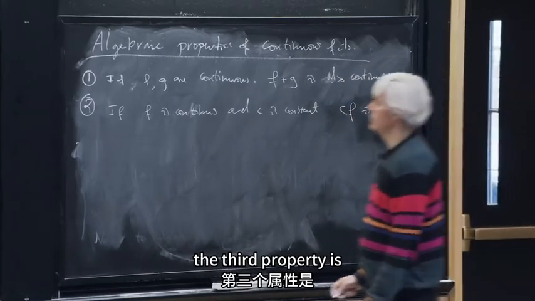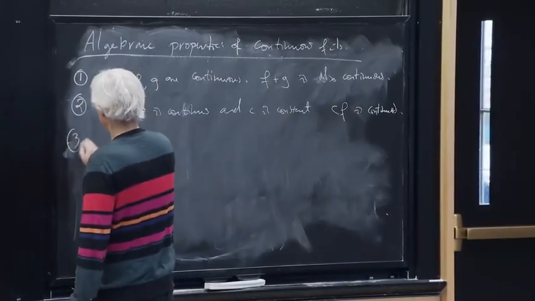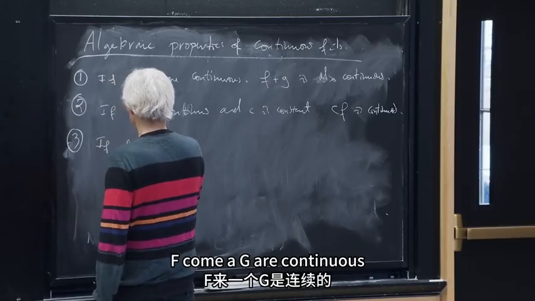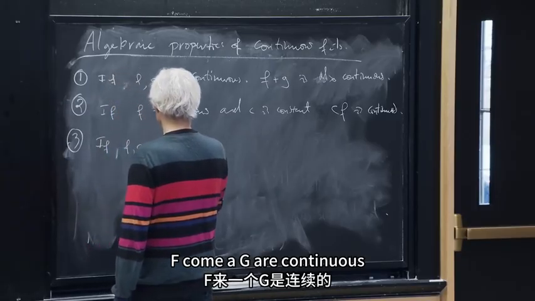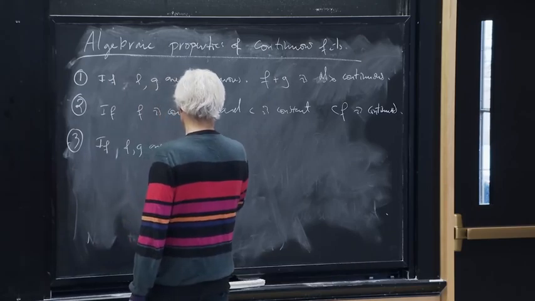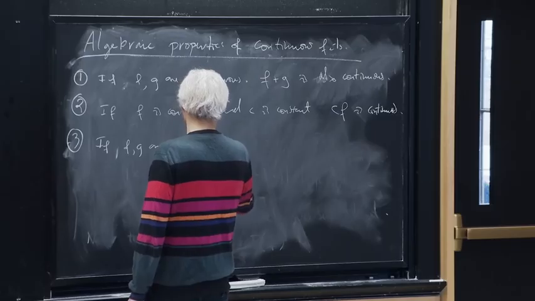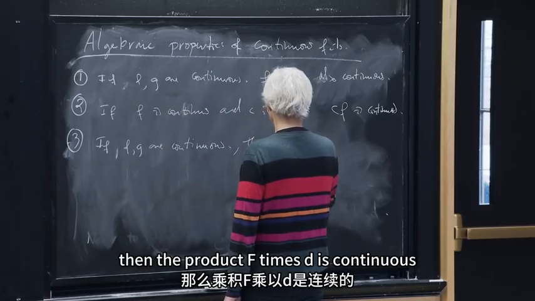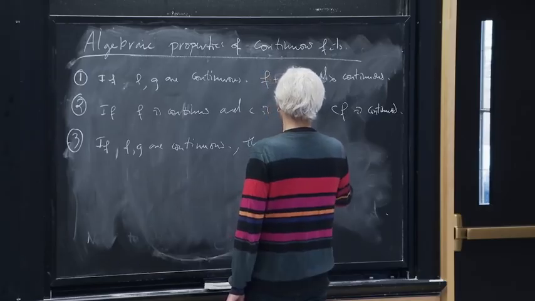The third property is that, again, if f, g are continuous, then the product f times g is continuous.